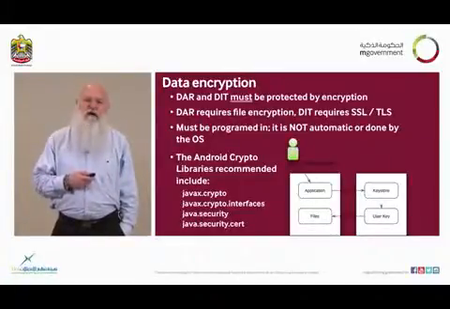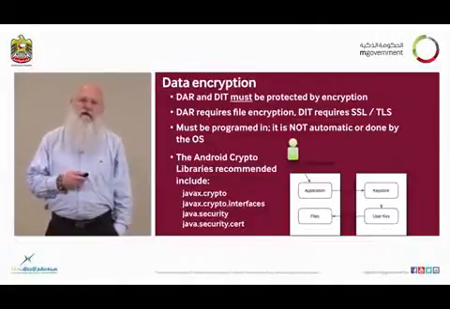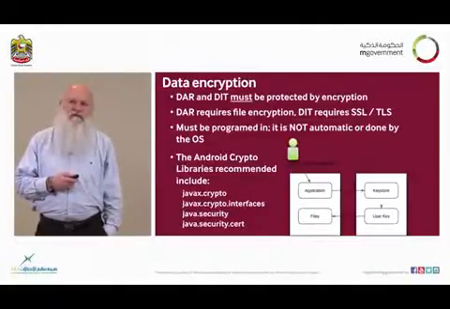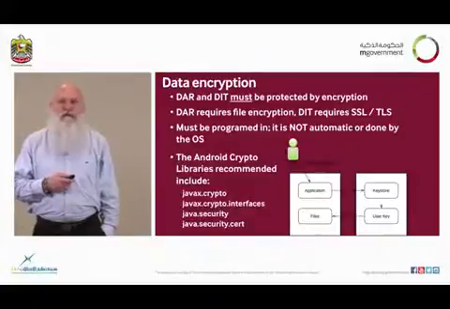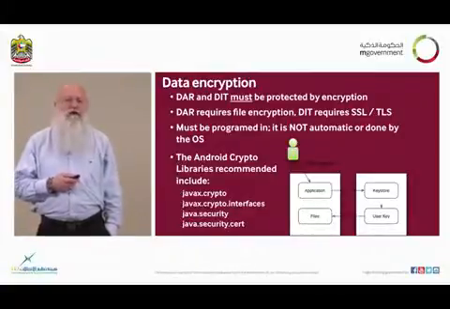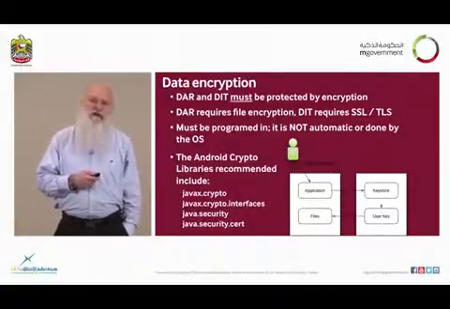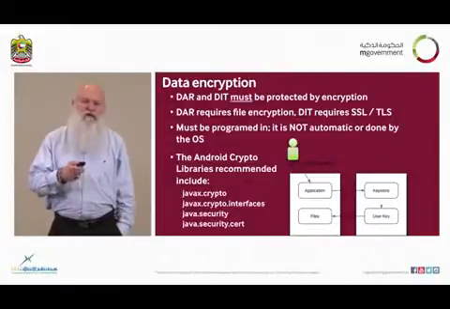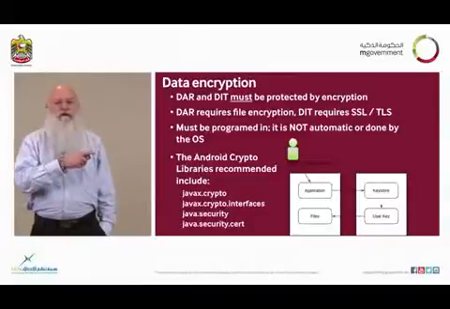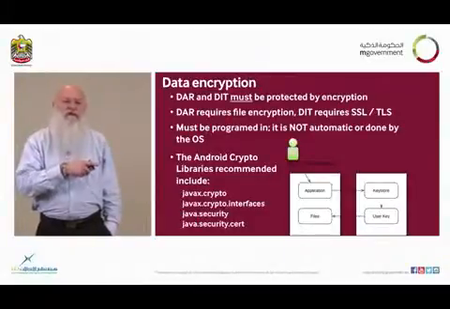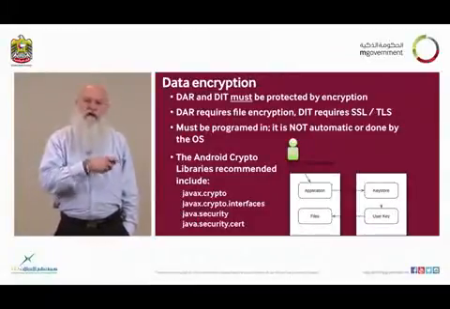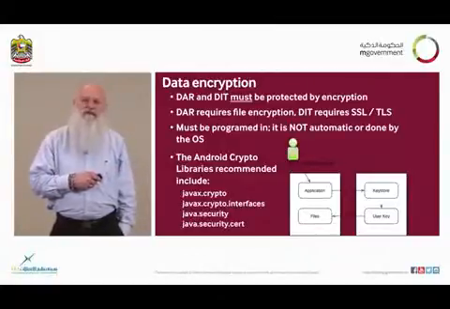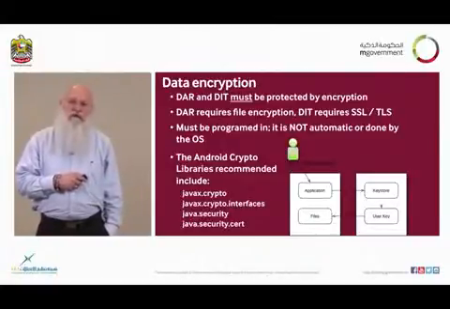It is not automatically performed in the current version of the Android operating system. It must be explicitly done by the programmer. Android provides good cryptographic libraries as components of the operating system. These include crypto, crypto.interfaces, security, and security.cert. Documentation for these is contained on the Android developers website.